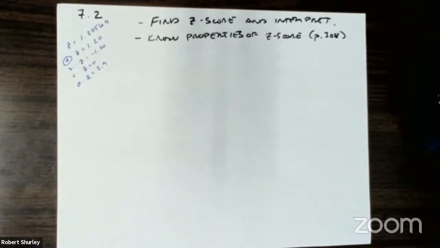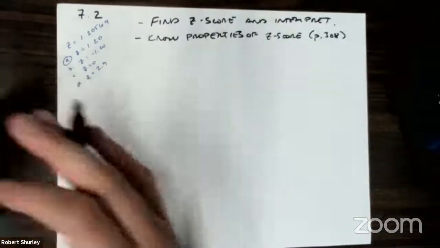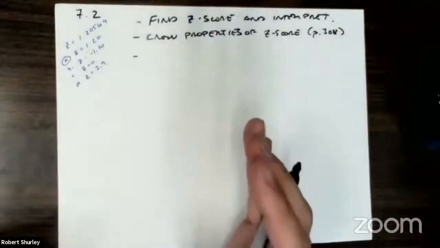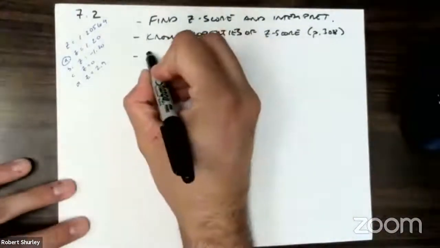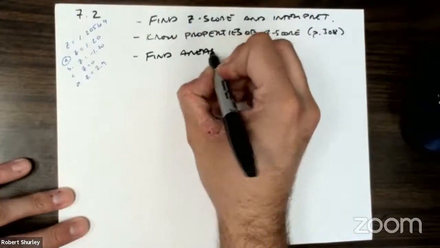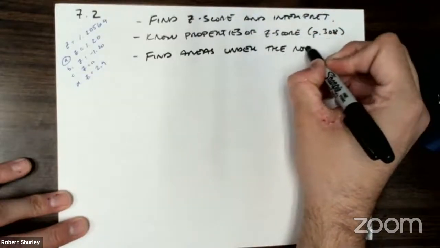And then we get to finding the areas under the curve. So not just the standard normal, any normal. In 7.1, it was only areas under the standard normal. Now it's finding areas under the normal, and interpret.